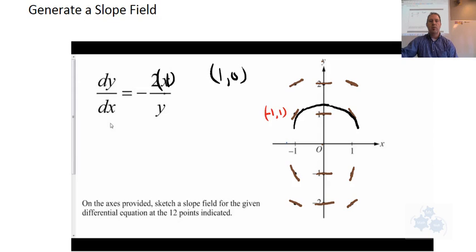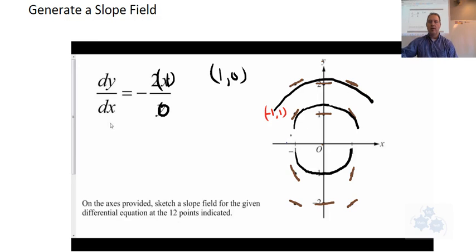So what about 1, comma 0? What happens there? This is 1. This is 0. Ooh. So it's undefined. So we don't have a slope field. We don't have points there, or we don't have slopes there. So this really could be half of a circle sort of thing, right, or a semicircle there. Anything like that. Also could be sort of like this too, I guess.